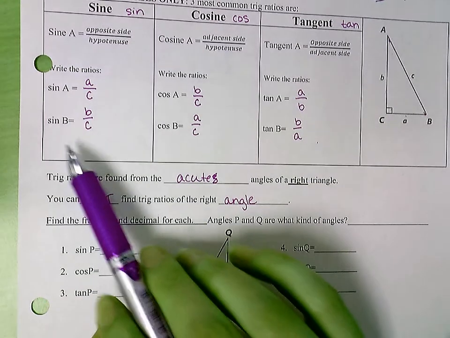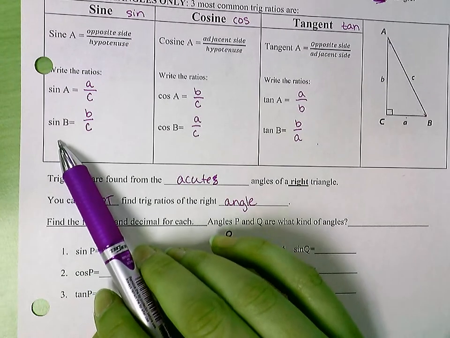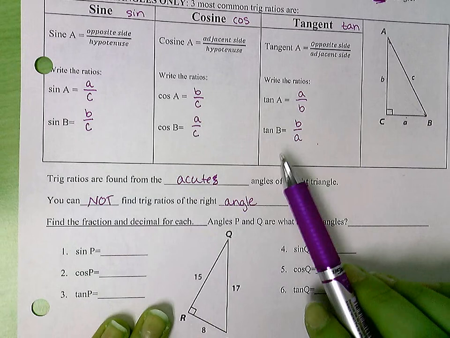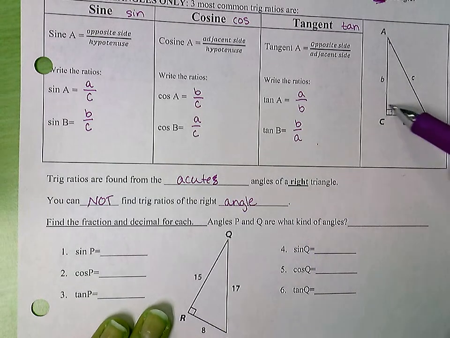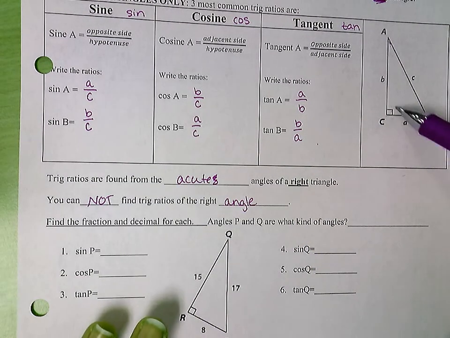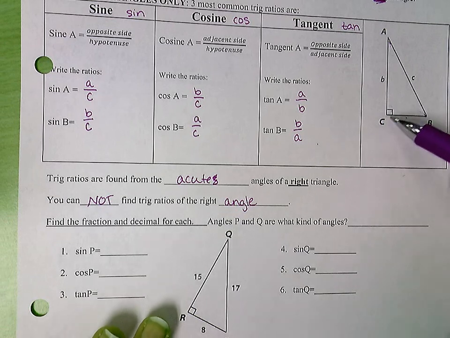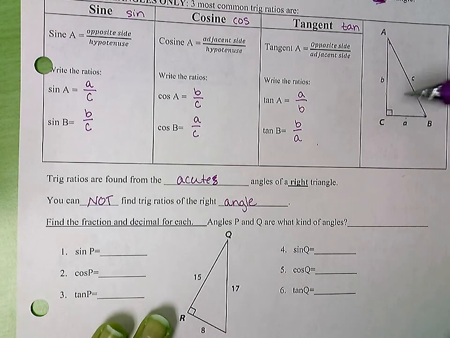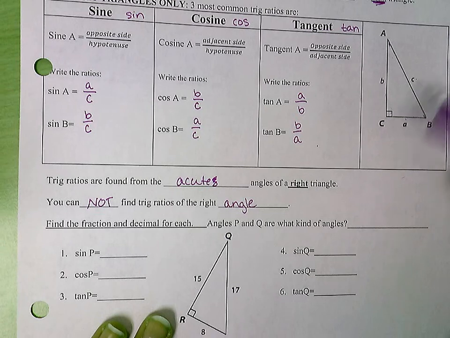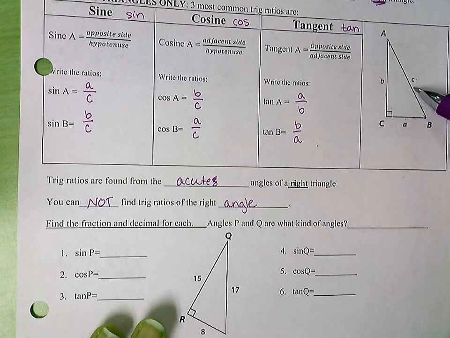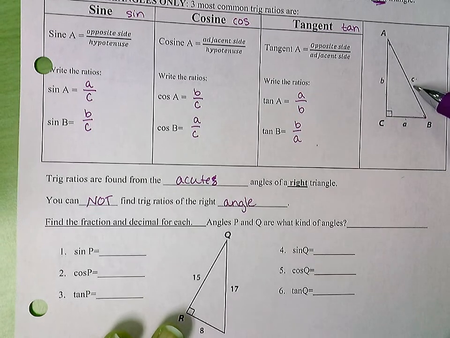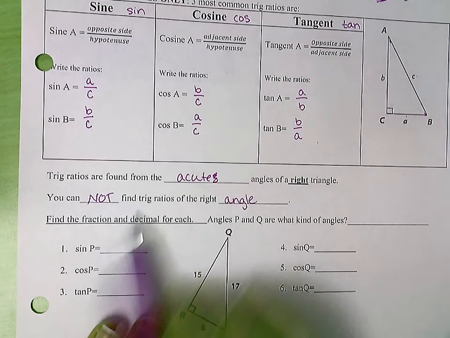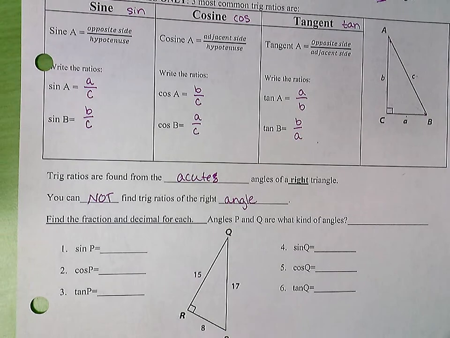If you notice up here, we didn't say sine of angle C, or cosine of angle C, or tangent of angle C. You cannot use that 90-degree angle with your trig ratios. Because if you tried to do, say, sine, it would be the opposite side over the hypotenuse. That would be the same side. So we are not using trig ratios with that right angle.